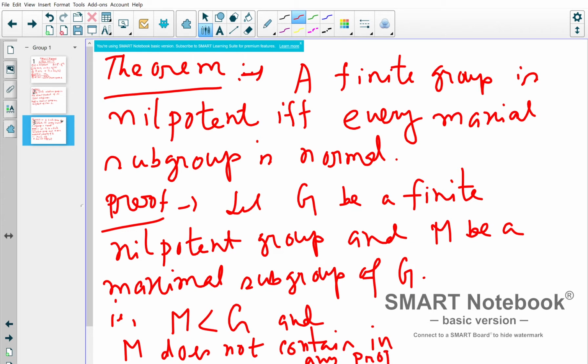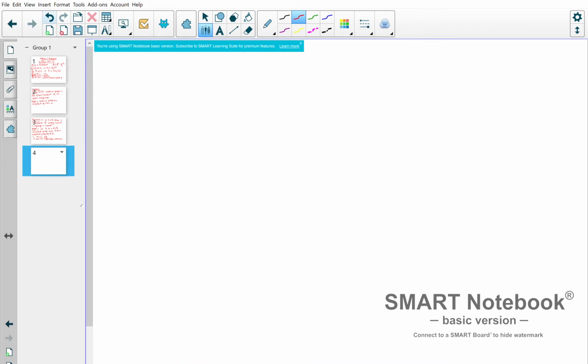This is the meaning of maximal proper subgroup of G. But you recall the property, say number 2, which tells that whenever you have a proper subgroup, then it is always properly inside the normalizer of that subgroup, right?